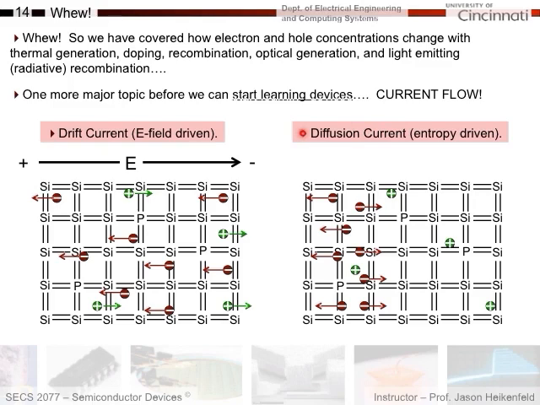It has to do with diffusion, which is entropy driven, meaning that something that is ordered wants to move to something that is disordered. And so for a silicon system, the example is that let's say I start off with a bunch of electrons all on this side. And let's call this ordered because I'm trying to move all the electrons to one side and make them nice and orderly over here and clear them out from over here.